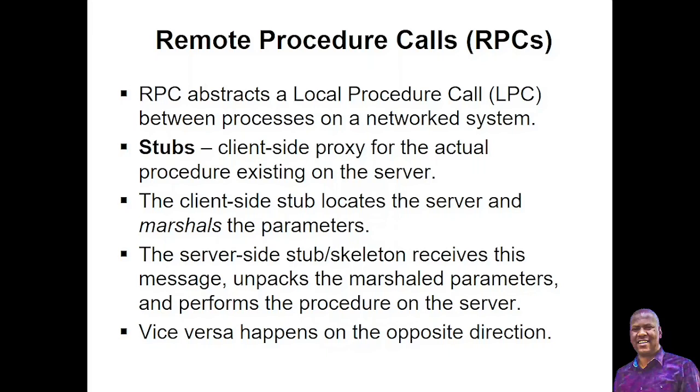So on the other hand, we also have the stub clients and the stub servers. Programmers can always develop or create applications that act as stubs, and that's what we refer to as the remote procedural calls. These remote procedural calls are localized.